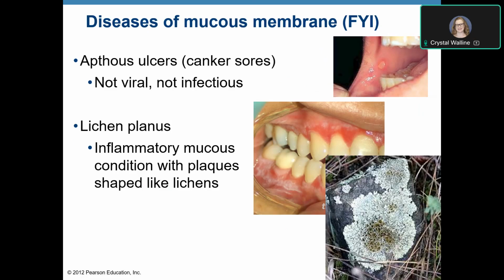Just as an FYI, I like to point out some examples of pathophysiology when I can to try to demonstrate some of the concepts that we're going over. So there are several different diseases of mucous membranes. I mentioned two of them here. One of them is quite common, and that is aphthous ulcers.